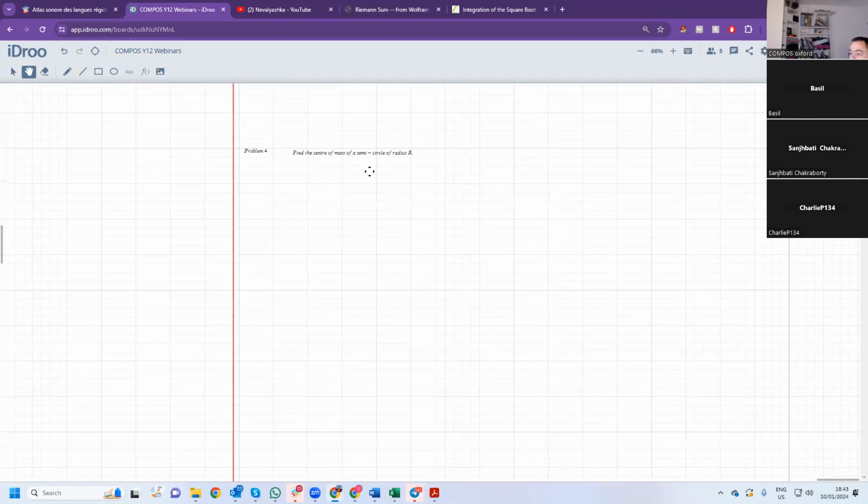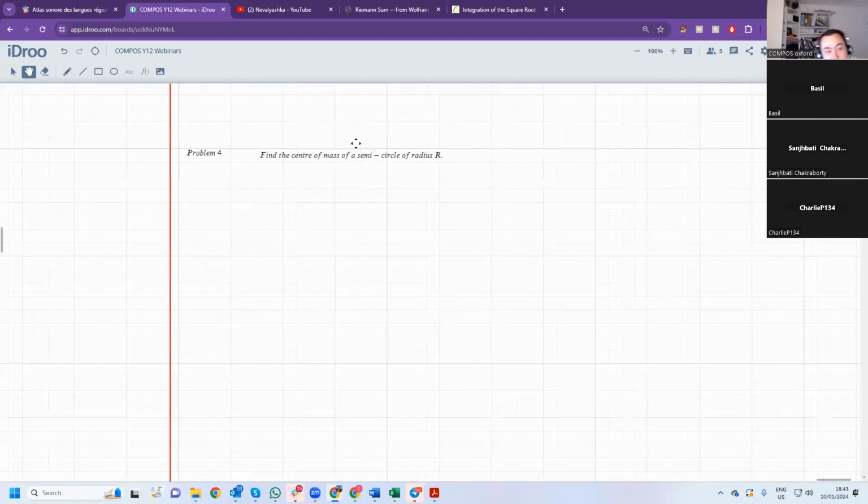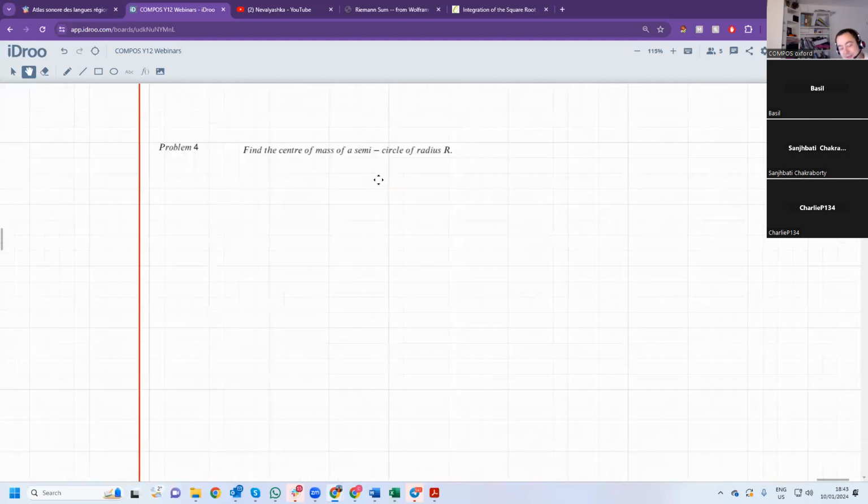Okay. What are we? Quarter past. Find the center of mass of a semicircle of radius r. Okay, this is an interesting one.